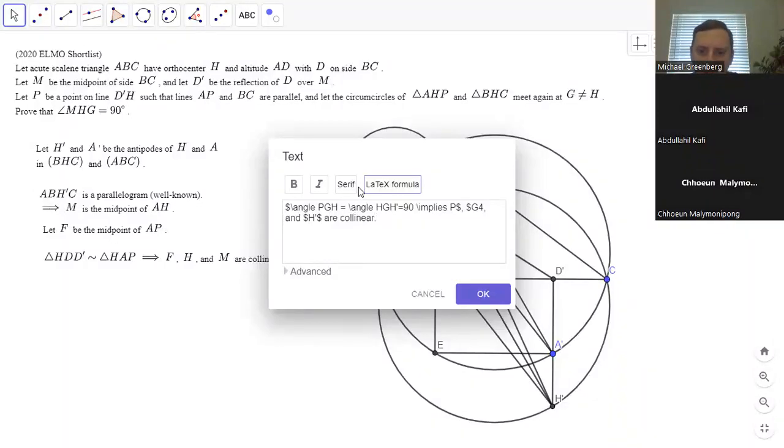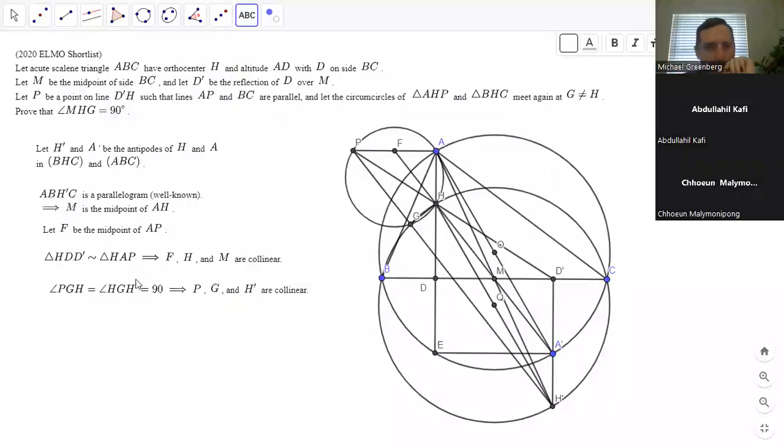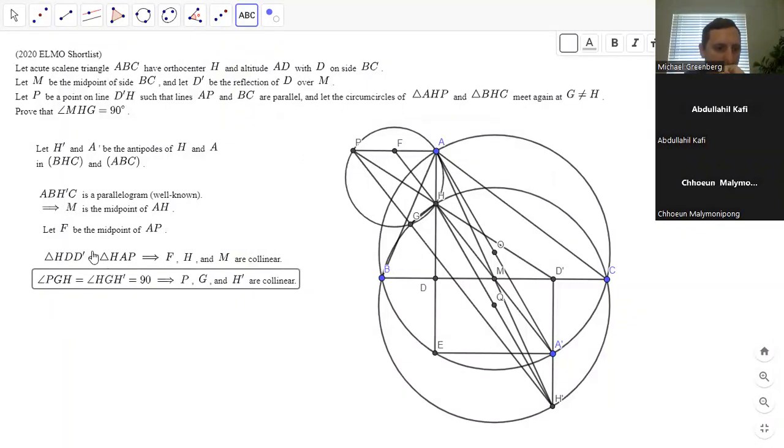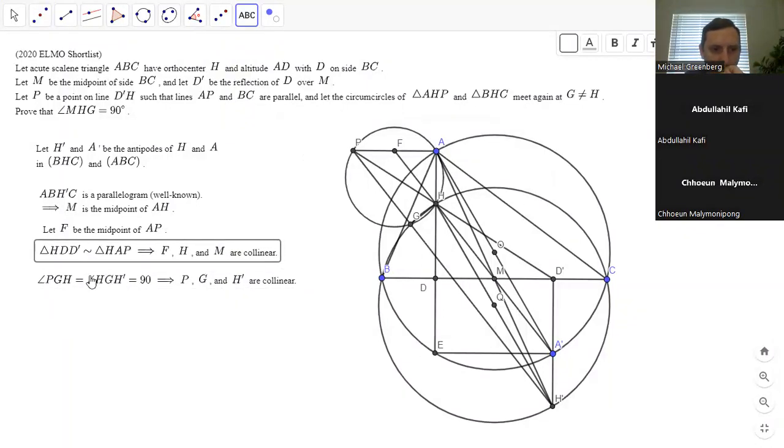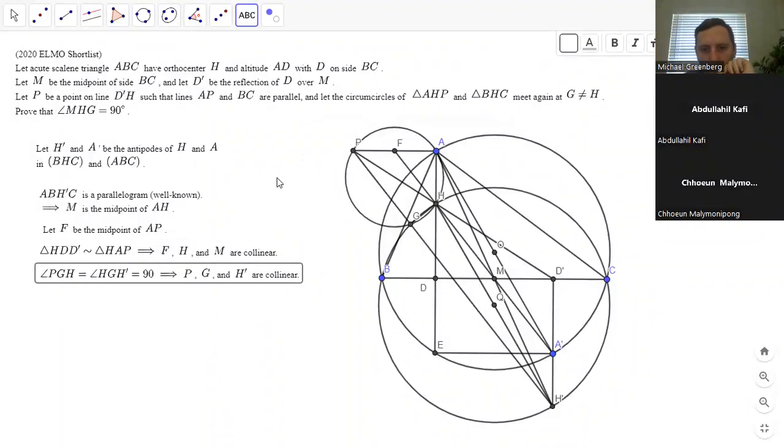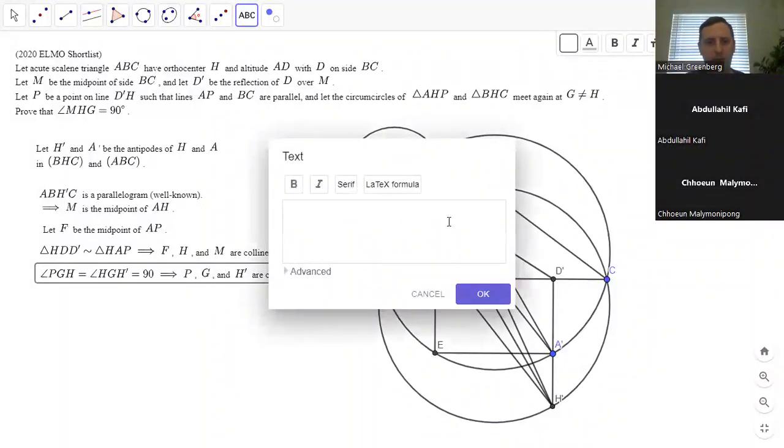All right. And AF equals FP, AM equals MH prime.